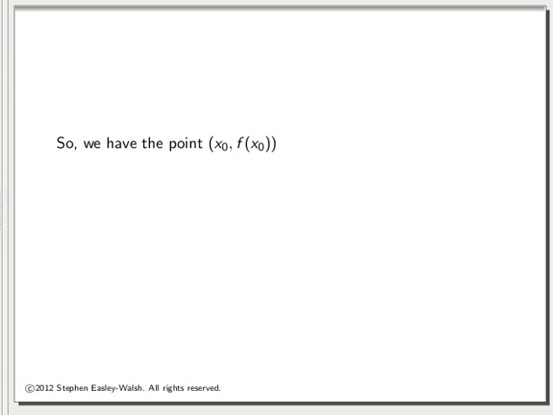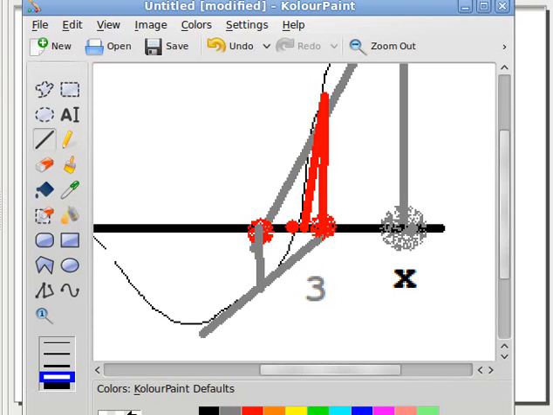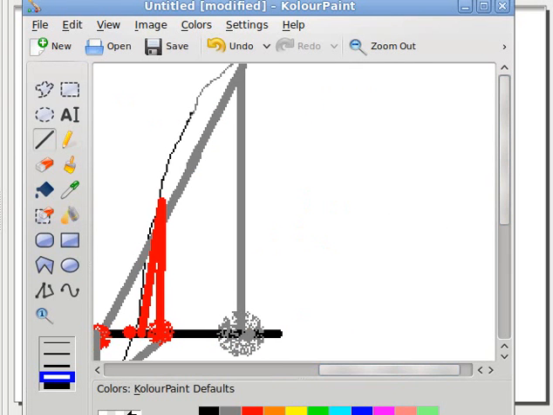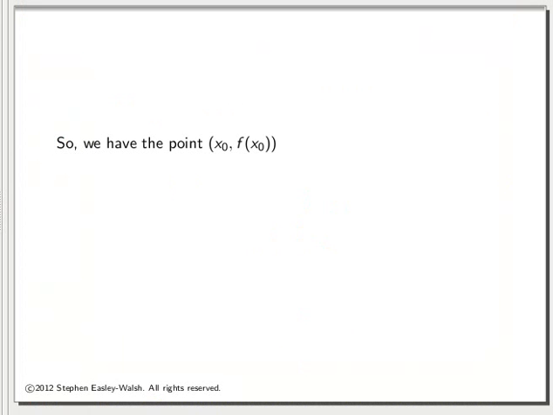So this is a point on our curve. If we go back to the graph, let's say that was x0, then this point here would be x0 for x, and what would y be? f of x0. So that's one point on the graph. I want to find the tangent line at this point.